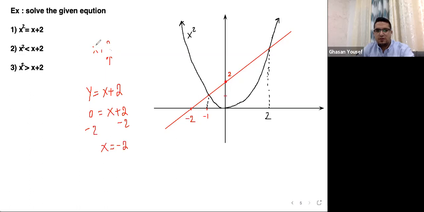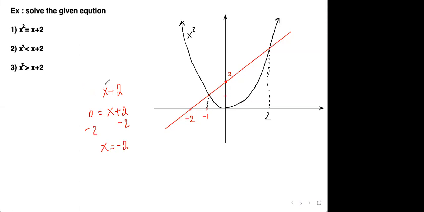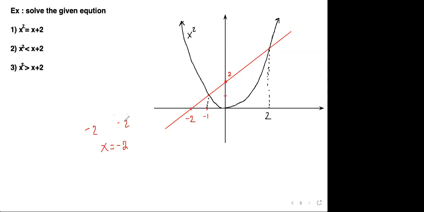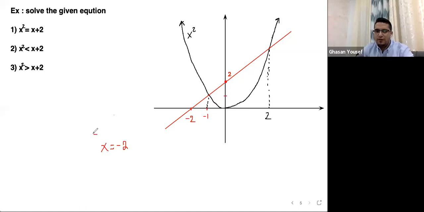So for the first one, x squared equals x plus 2, what is the solution? -1 is correct. And what is the second point? 2. And 2, exactly. So we're looking for the intersection between the two curves. The first curve is x squared, the parabola, like a cup. And the second curve is the line, the red line.